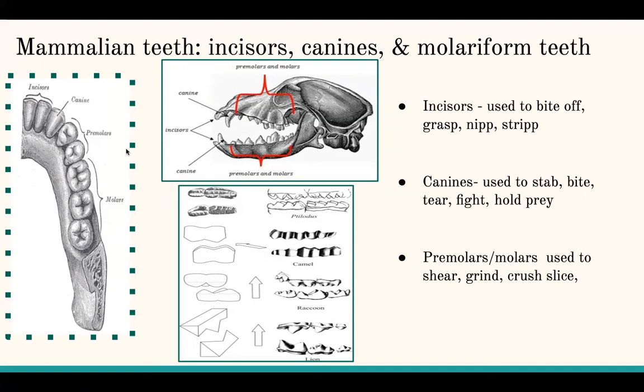Further, we have canines. Canines are located beside the four upper and lower incisors, and depending on the typical foods consumed, mammalian canines range in size and sharpness. They're just strong and pointed, making them very useful for stabbing, biting, tearing, and holding prey.